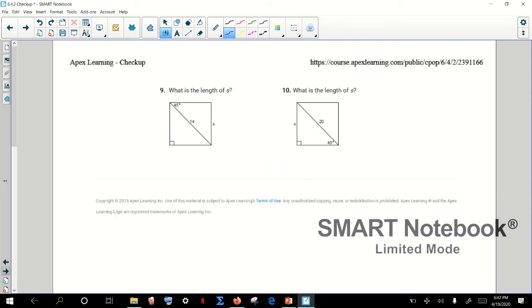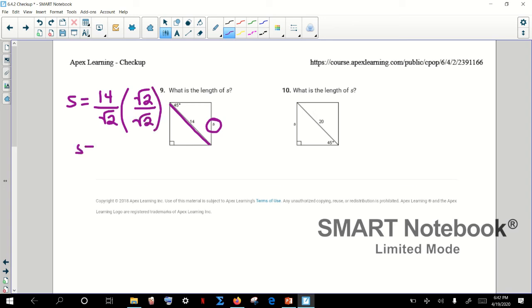What is the length of S in this one? So again, 45, 45, 90 triangles. We're given the length of our hypotenuse here, but we want to find the length of one of the legs. So instead of multiplying by square root of 2, we're going to take the hypotenuse and divide by square root of 2. On the quiz, I'm not sure if you'll see answers like this, but if you remember from class, we're not allowed to leave a square root in the denominator. So we have to get rid of it by multiplying by square root of 2 over square root of 2.